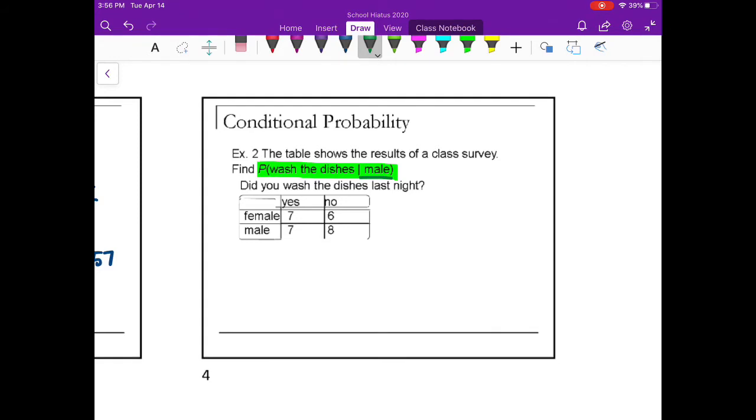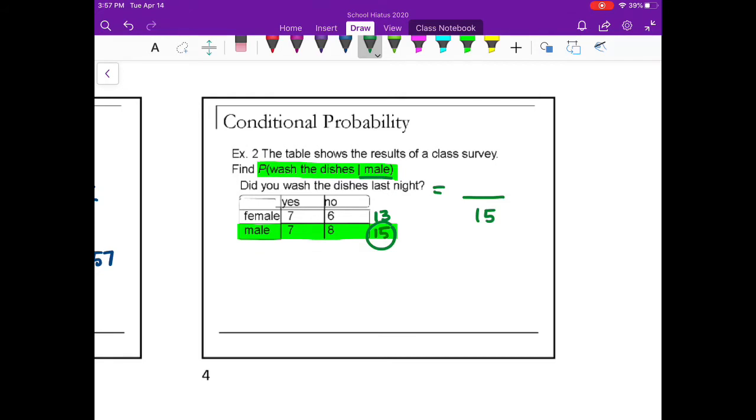There are 13 females and there are 15 males, and again, we are only looking at the males for this particular one. And so our denominator is limited to only the total number of males. Our condition restricts us to male respondents to the survey.